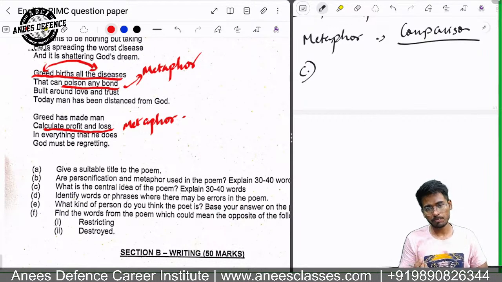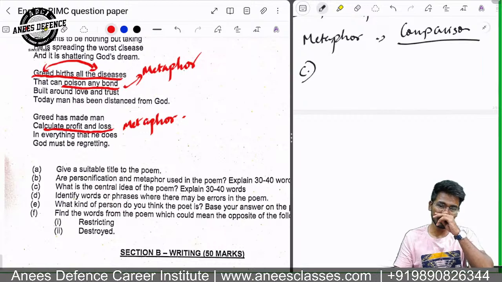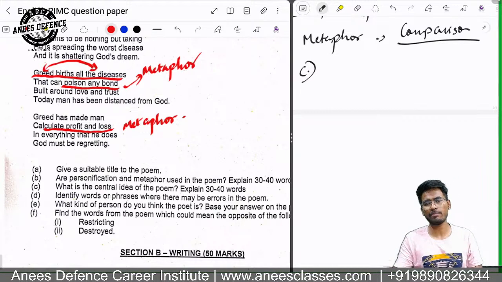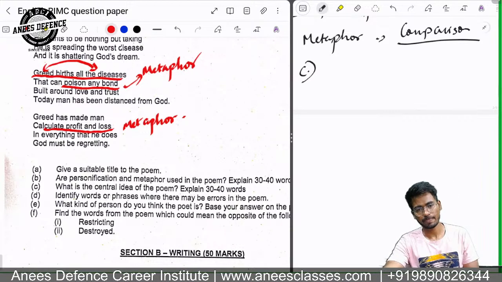But the humans in today's life have just lost the purpose and they are just selfish, using things in nature for their selfish reasons, cutting trees, poisoning nature, and also using each other and fighting, going to wars and not living in harmony. There is no type of help in the society. Nobody helps each other. So this is the type of society in which we are living. So this is the central theme of the poem.